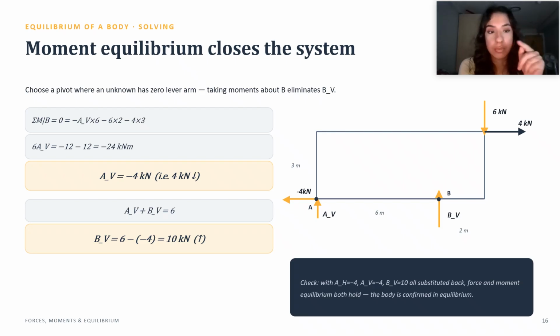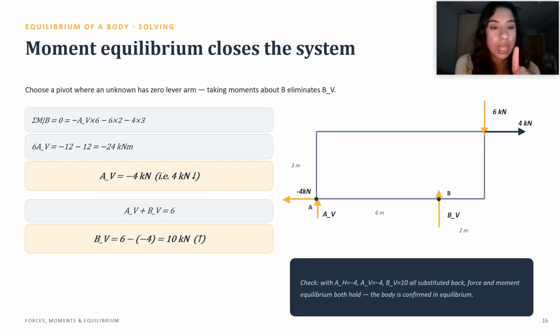Now we have the other forces. We got negative 4 kilonewtons, okay? That is going to also disappear because the line of action goes through the pivot. Now we only have AV, 6 kilonewtons and 4 kilonewtons. Let's start with AV.